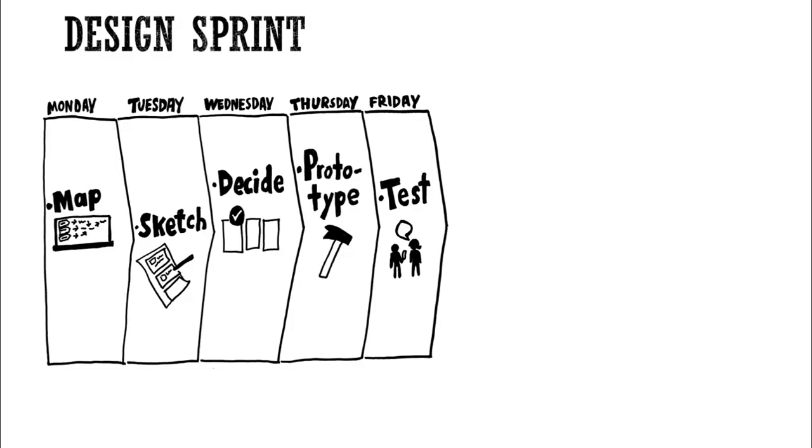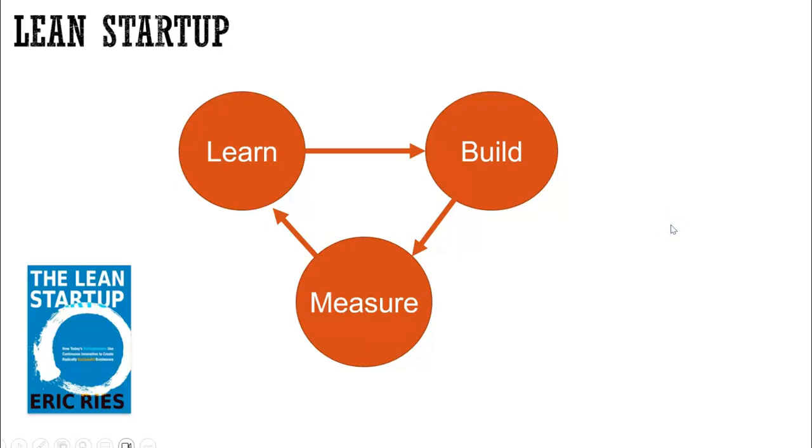It has a well-defined agenda and well-defined activities for each day. It starts with a map, where you map the process of the user using the product. Then you come up with lots of different ideas on Tuesday, which is the sketch. On Wednesday, you decide which one you're going to prototype, Thursday you prototype, and Friday you actually test. So in 5 days, you finish your whole cycle.